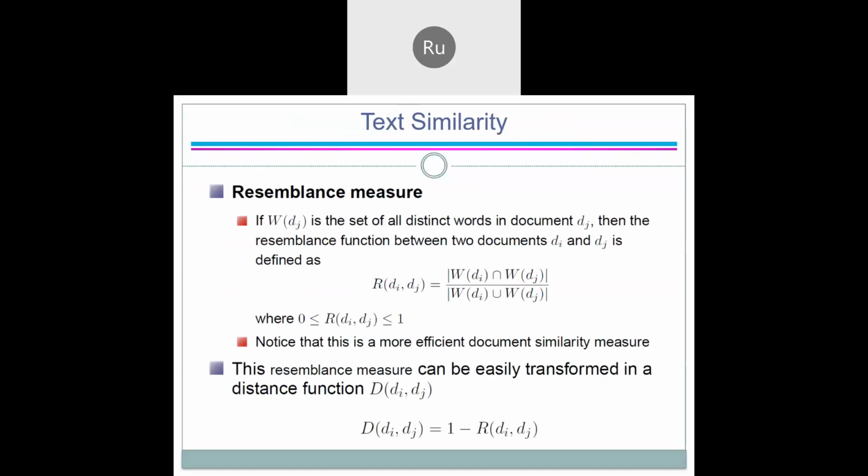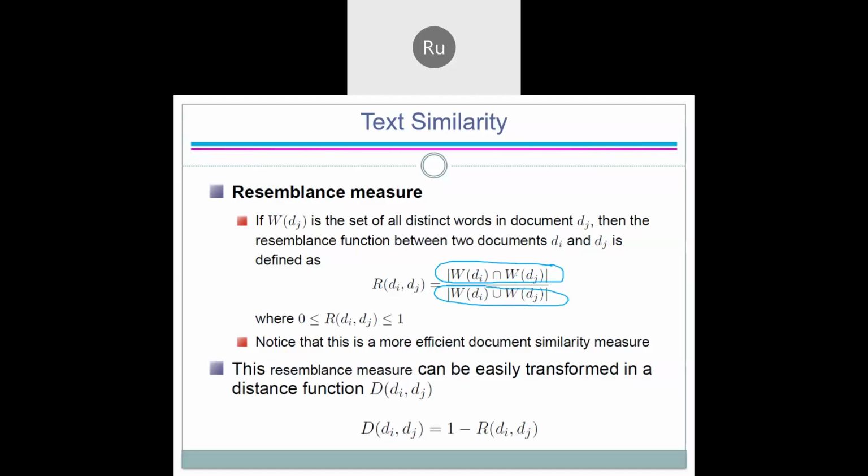And the last one is the resemblance measure. The resemblance measure looks at the content of two documents. The resemblance formula is defined by the intersection of the two documents, the intersection of common terms, divided by the union of the two documents.